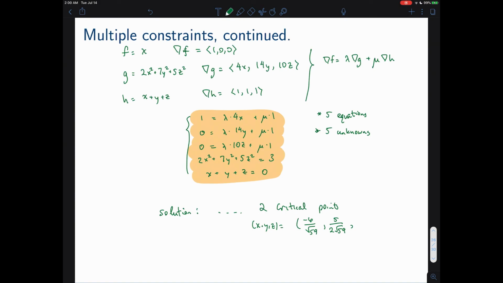I'm copying this down from my solution that I have written down here. That's a critical point. And then the opposite of that, the minus 1 times it, is also a critical point. So it could be plus or minus that. The values are f of x, y, z is x, and we end up with plus or minus 6 over square root 59 as the two values. So plus is the maximum and minus would be the minimum.